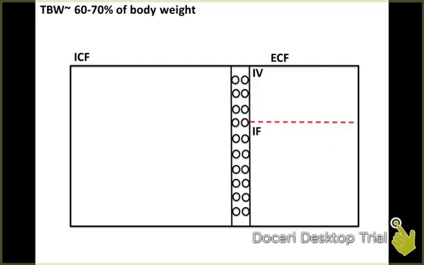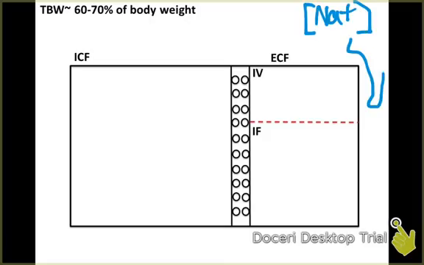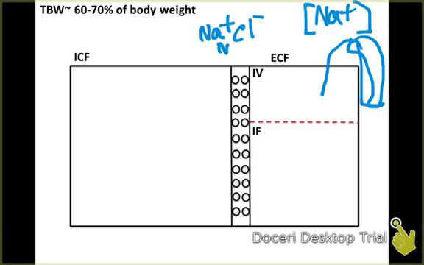Now, let's discuss if we actually give someone sodium in the form of, let's say you're giving them saline. And saline is sodium chloride solution as an IV fluid. Okay? So let's say you're giving them saline into this space.